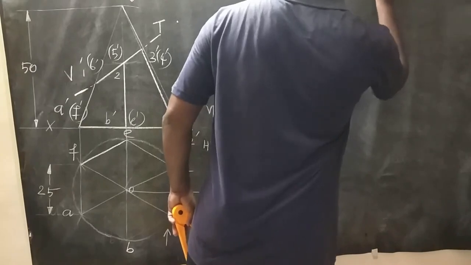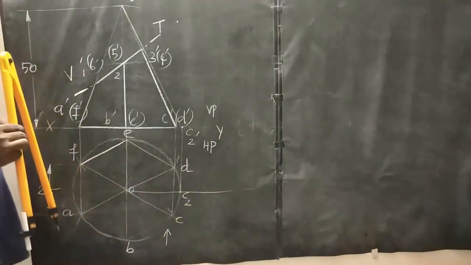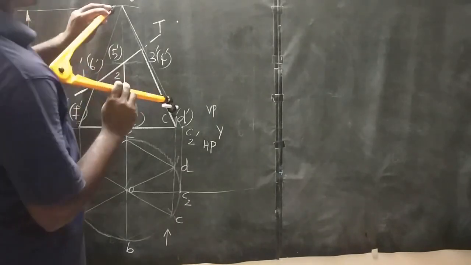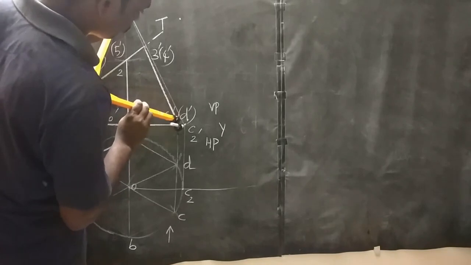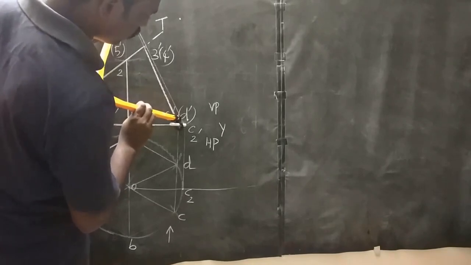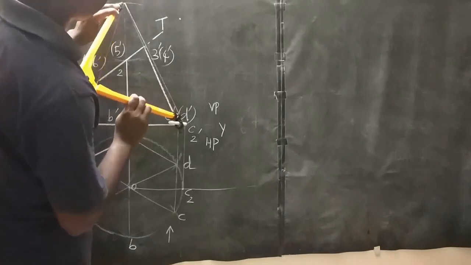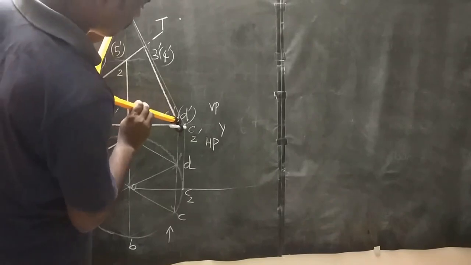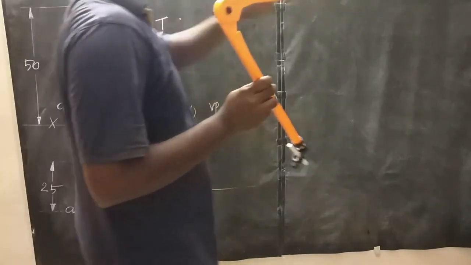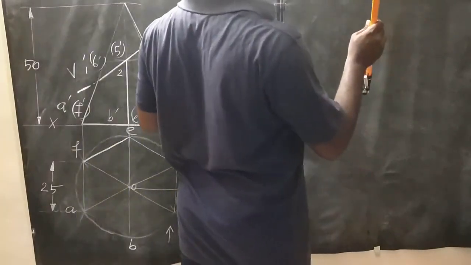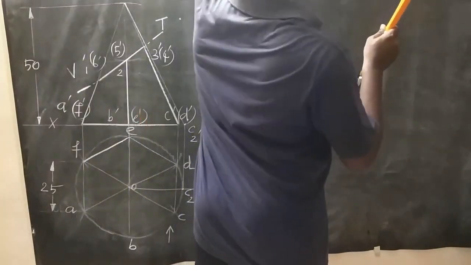I will take here. Then that point is center. Then O dash to C dash as radius. Okay, I got this. Then this point is center.